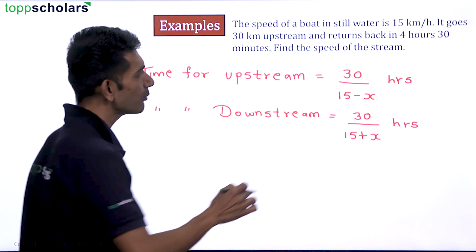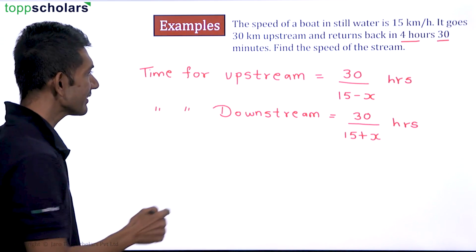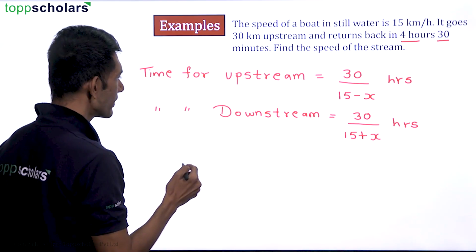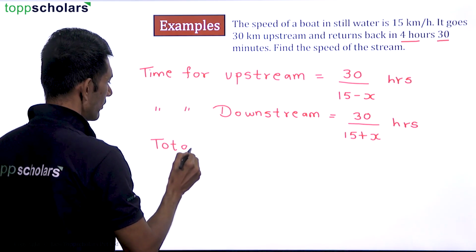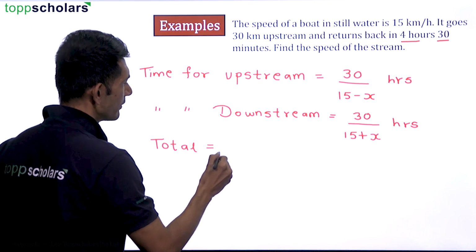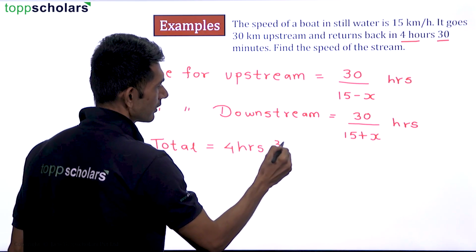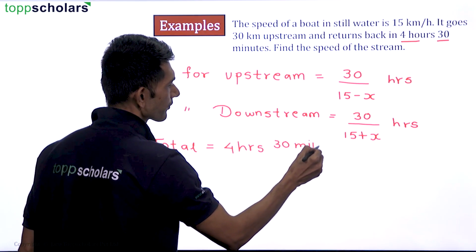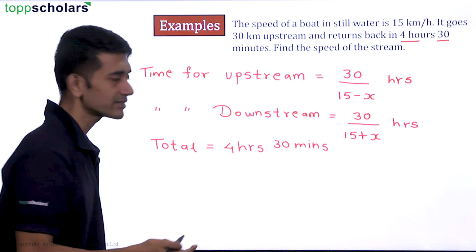Total time taken is how much? 4 hours 30 minutes. Can I say 30 minutes is nothing but 30 by 60 hours?